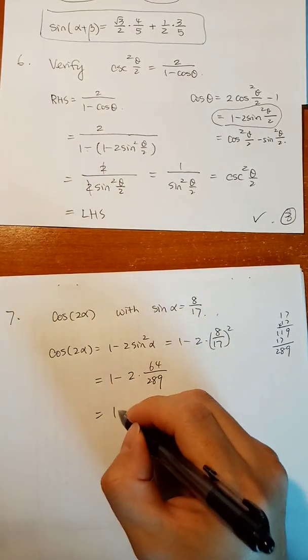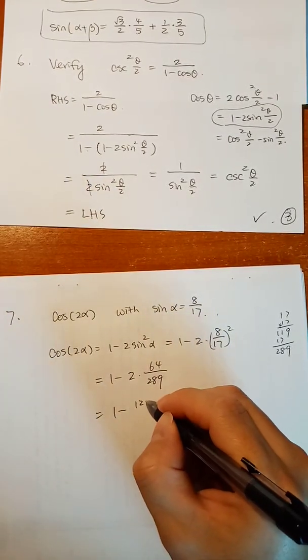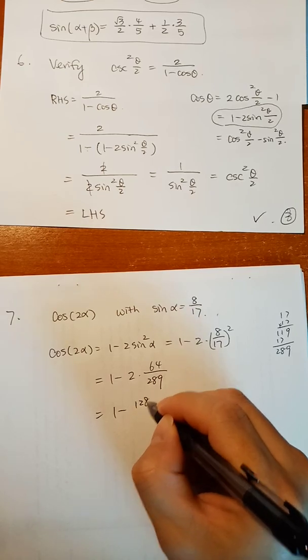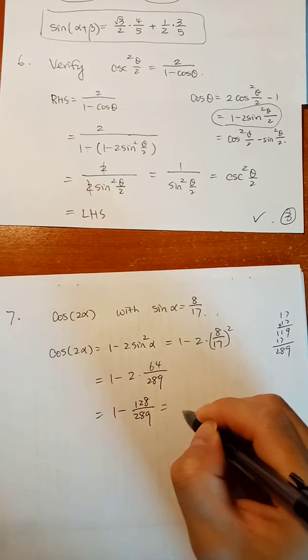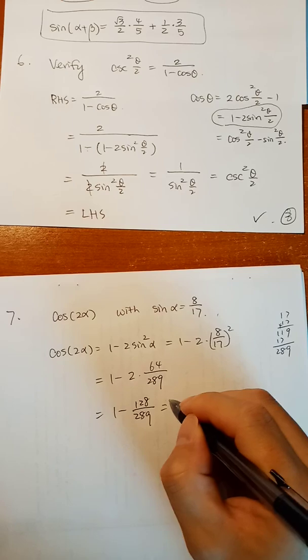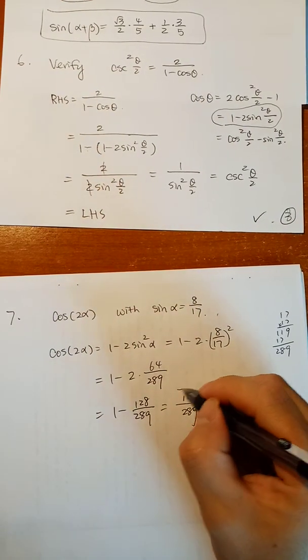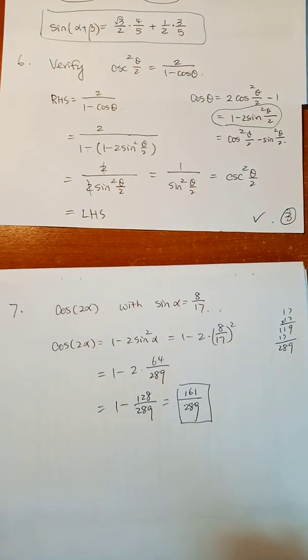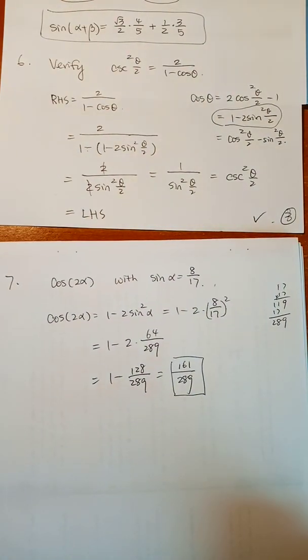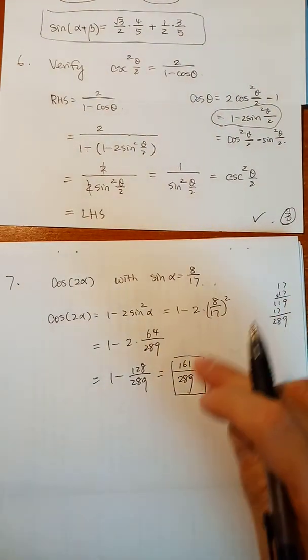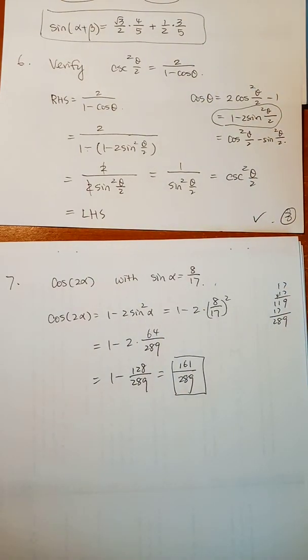Times 2 is 128, so 1 minus 128 over 289, and this is 161 over 289. So cosine 2 alpha is equal to 161 over 289. If I did something wrong in the computation, just correct me.